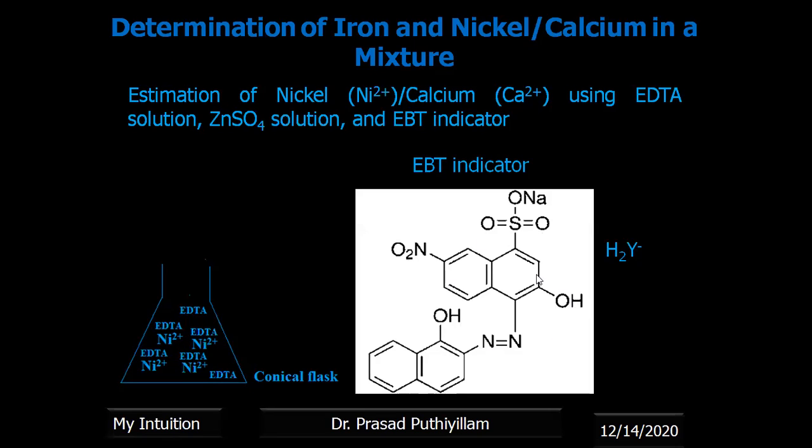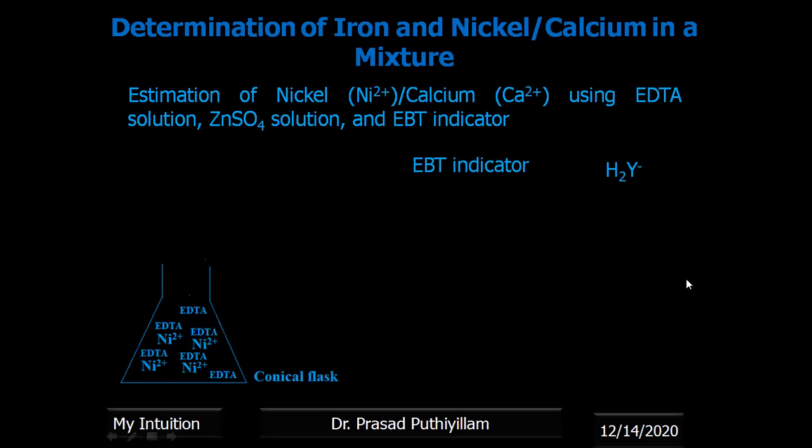The other structure will remain as such in the product also, and here it is O minus and Na plus. Therefore that negative charge is also taken. Sodium will be in ionized form in solution. Therefore we can write H2, the remaining structure as Y, and a negative charge on that.